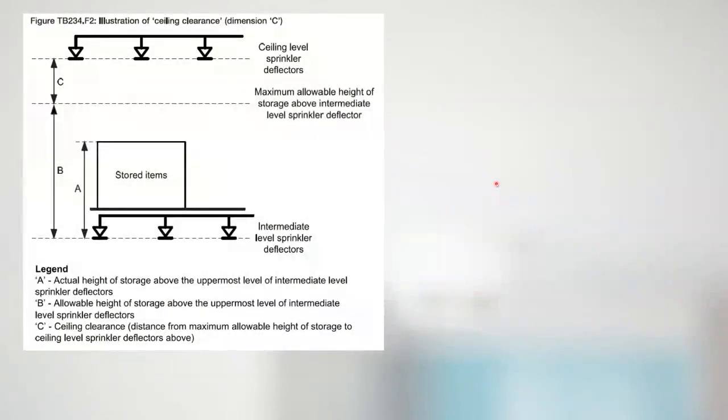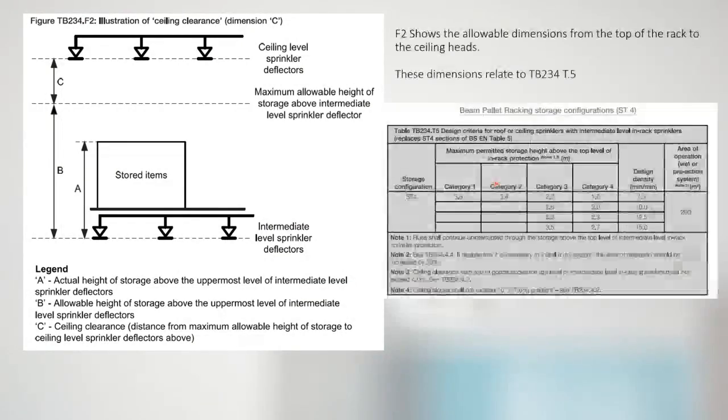When you get in-rack protection, you have to use figure 2, and it works something similar to your maximum of 4 metres. You need to use table 5 on this. So your A dimensions, your actual storage height, your B dimensions, your allowable storage height. And when you've got your allowable storage height, you need to use here.